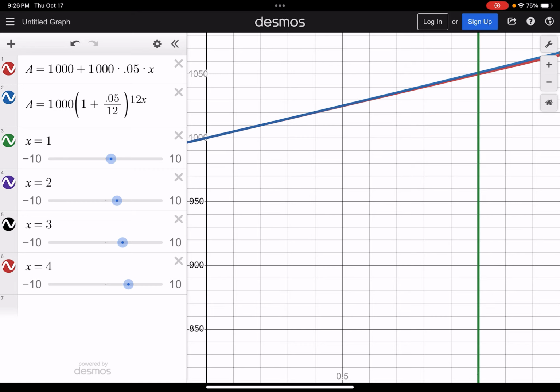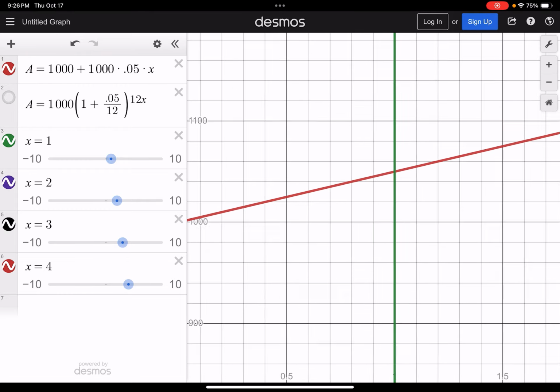Like you might have had that money at home in a shoebox or under your bed or whatever, but it wasn't following the same trajectory. So it doesn't make sense for us to include negative time. But in both of these cases, this blue graph and this red graph both have an intercept of 1,000 because they both start off in the same place.